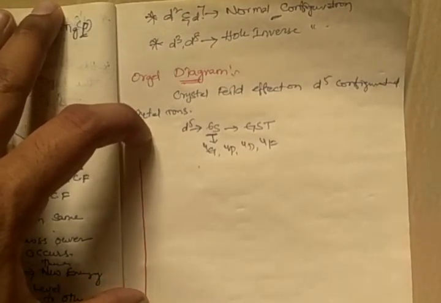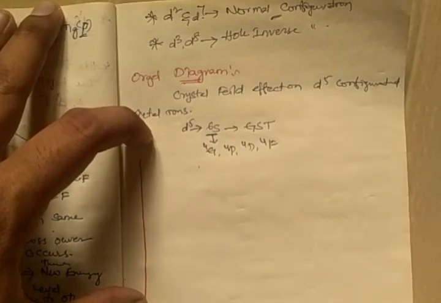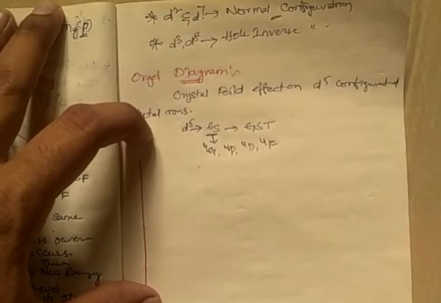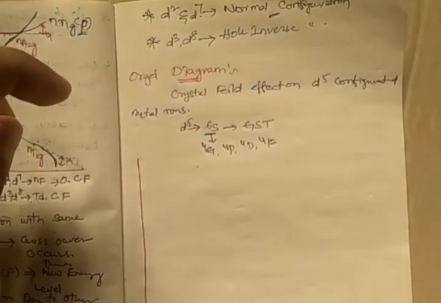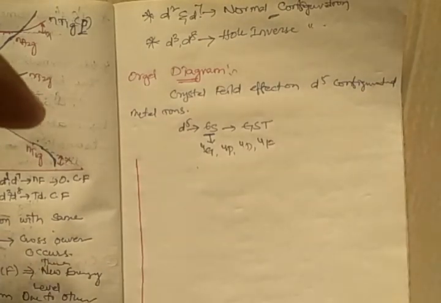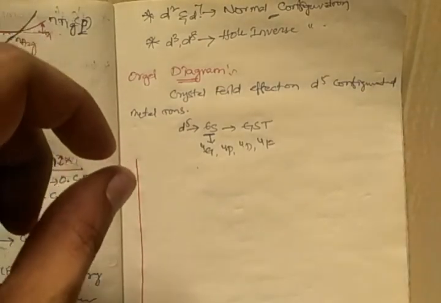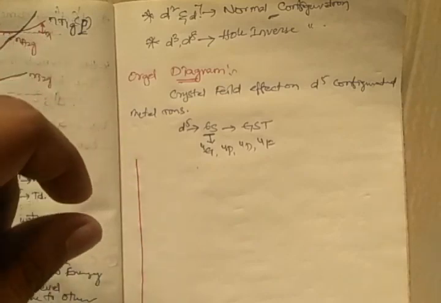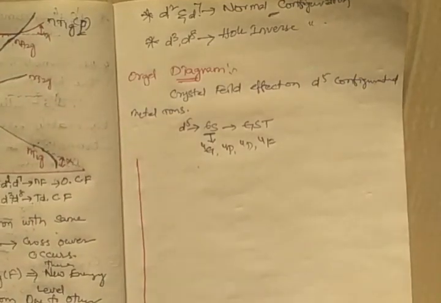This lowest energy level is considered the ground state term, and we extend it on the crystal field energy scale. The 6S term will have no splitting, so we say that it is horizontal.